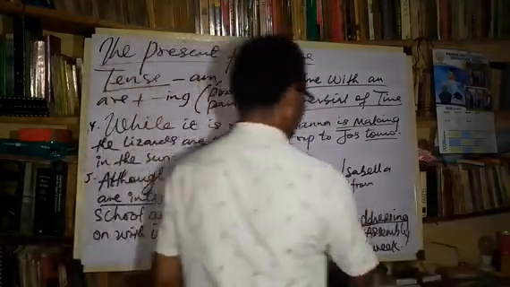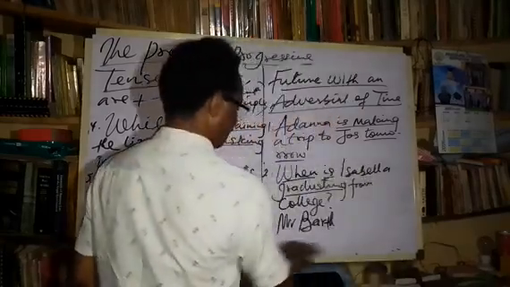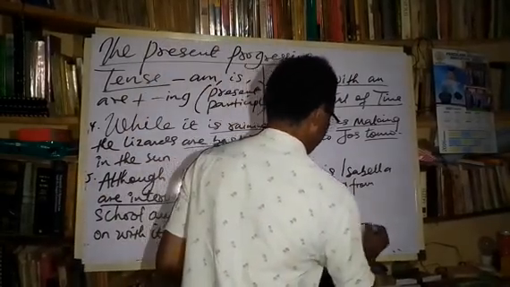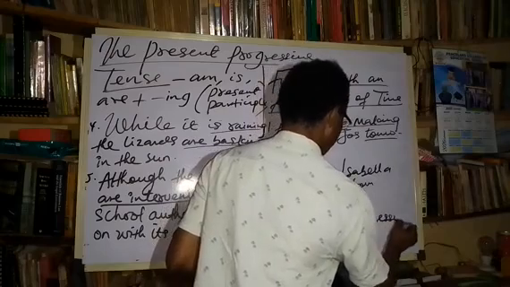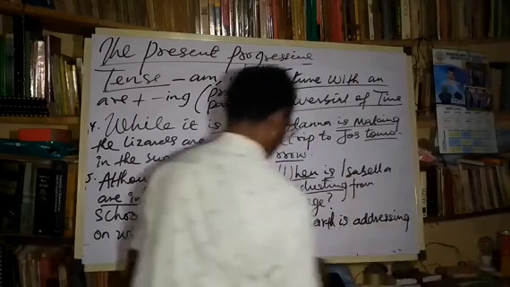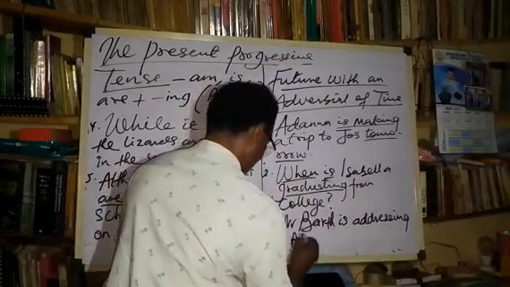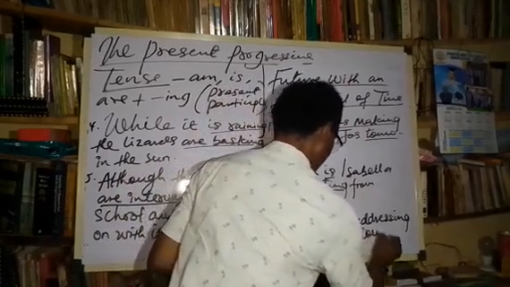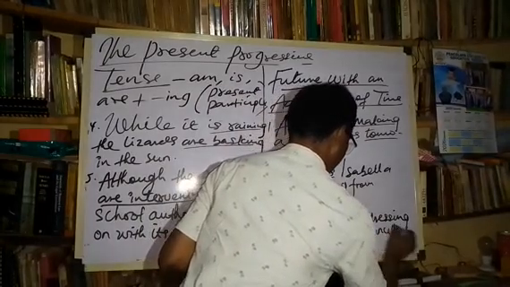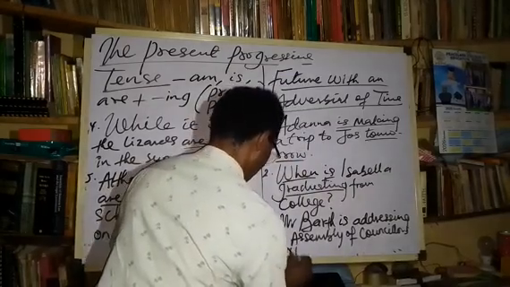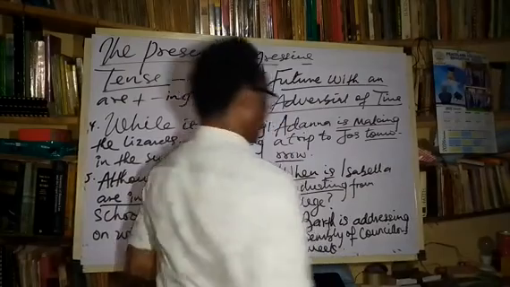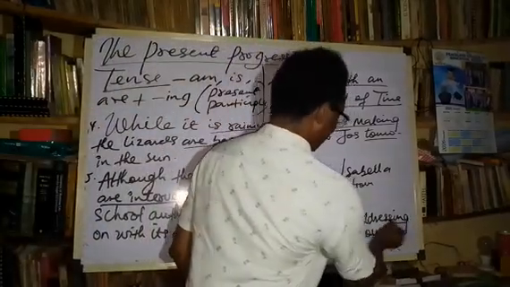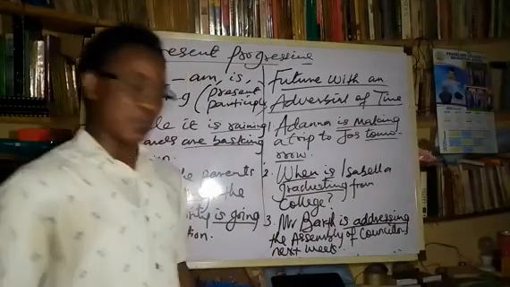It should be, Mr. Bat is addressing the assembly of councillors.